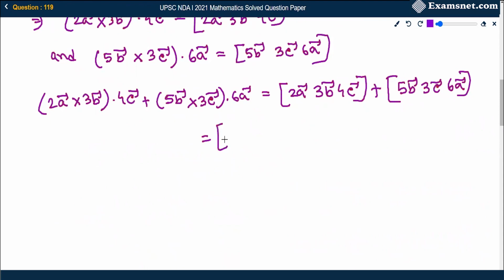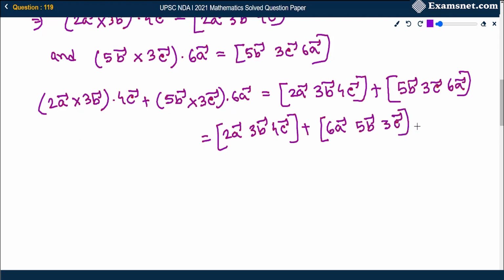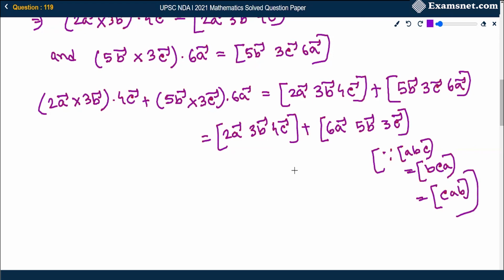Equals 2A, 3B, 4C plus 6A, 5B, 3C vector. Okay, bracket, and since [A B C] equals [B C A] equals [C A B]. Okay, that's fine. Now, next.